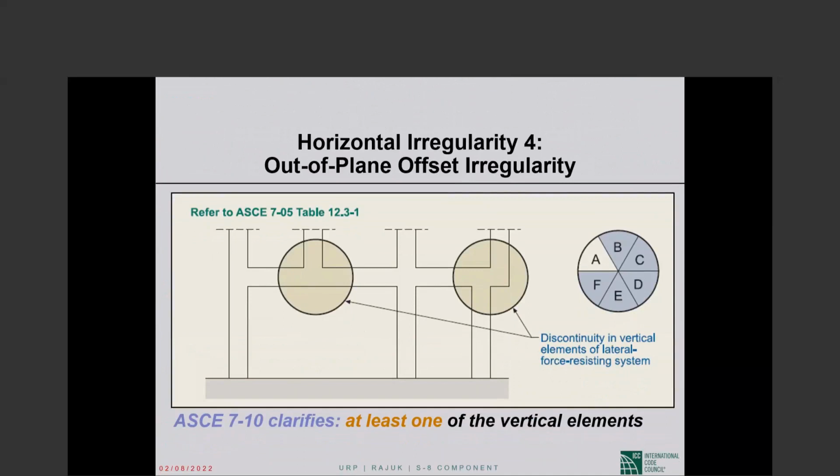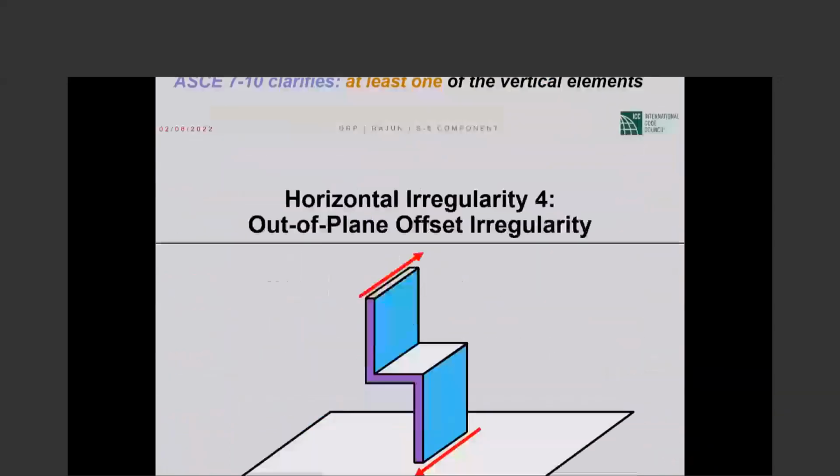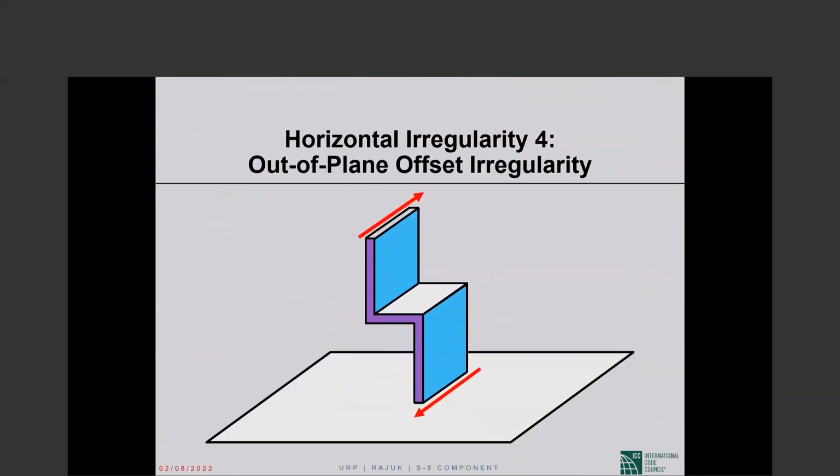Next, type 4 is out of plane offset irregularity. And I think the pictures are quite clear. ASCE 7-10 clarifies that at least one of the vertical elements has an offset. So there is discontinuity in vertical elements of the lateral force resisting system. This is a very graphic picture that comes from FEMA, and it makes an important point.